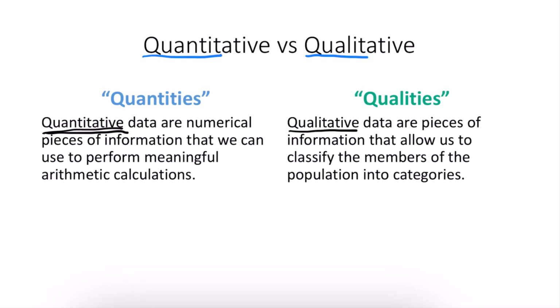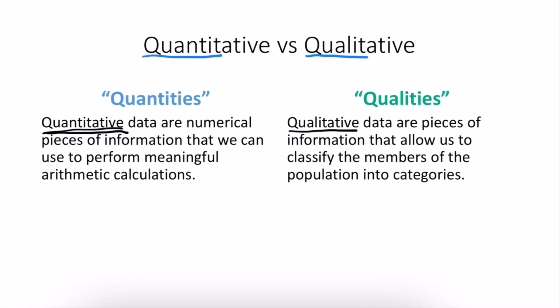Pretty much anytime you're collecting numbers through your survey or whatever it is that you're studying, that's going to be quantitative data. And if you're collecting something that's not numbers, that's going to be qualitative. Now, there are some exceptions, like a zip code. A zip code is technically qualitative data because it's categorizing people by where they live, and it doesn't make sense to find the average zip code.